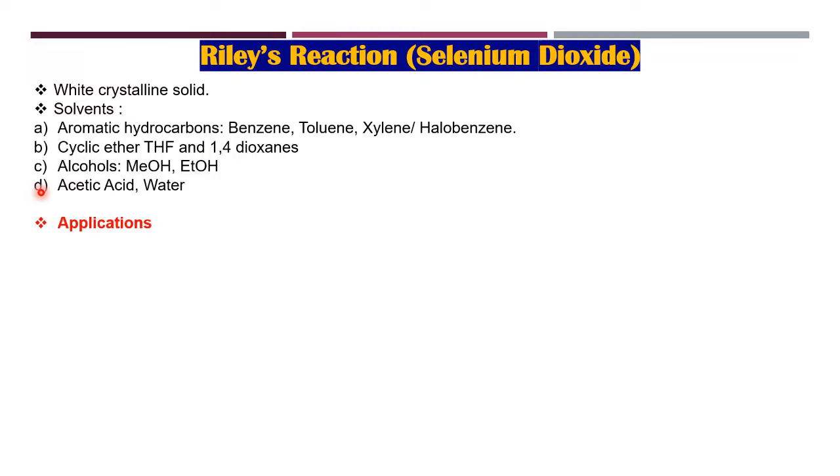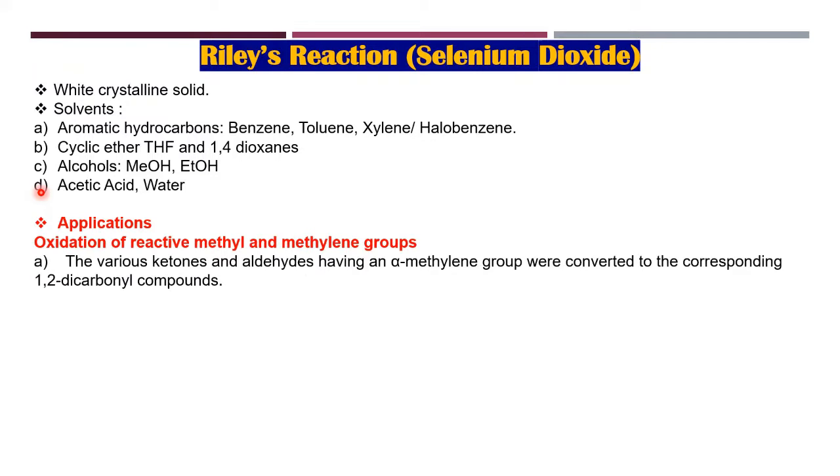What are the applications of this reagent? The first thing that students going for IIT JEE or IIT JAM exams will study is the oxidation of reactive methyl or methylene groups.